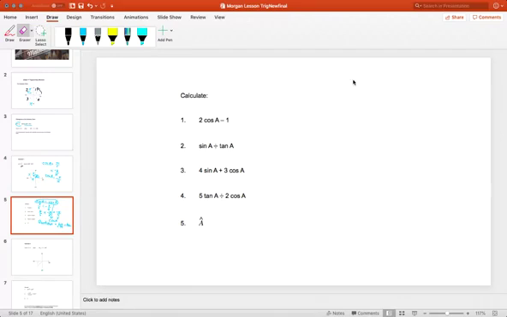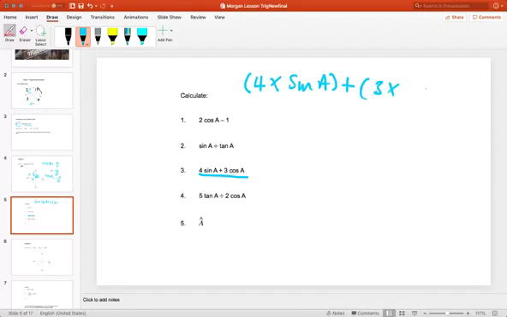And the minute you've got a restriction, then you know that you have to draw a right angle triangle on the Cartesian plane. All right, number 3, we've got 4 sine A plus 3 cos A. So what that means is 4 times sine A plus 3 times cos A.